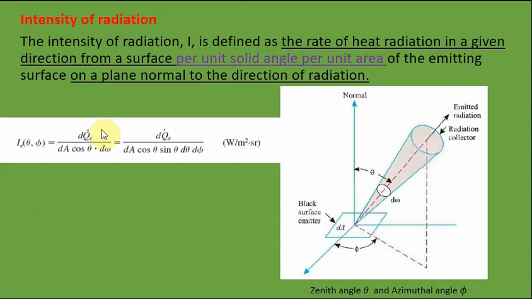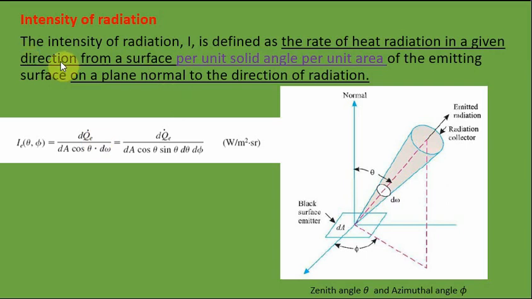Once again I will explain the concept. The intensity of radiation, IE, is defined as the rate of heat radiation dq dot. This is the heat radiating from the surface dA in a given direction.